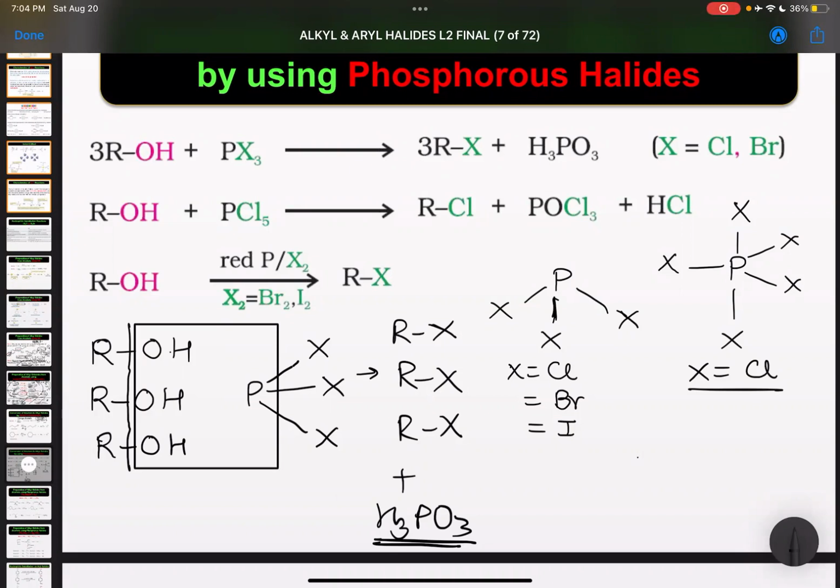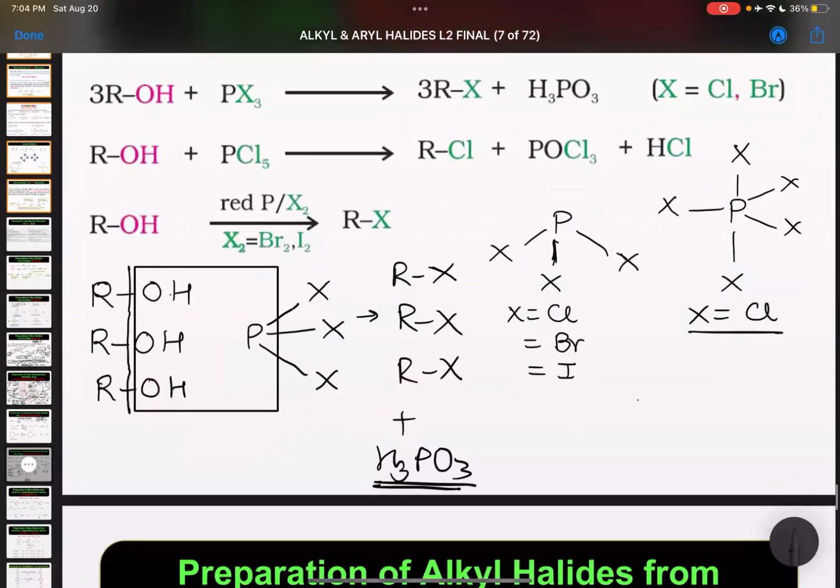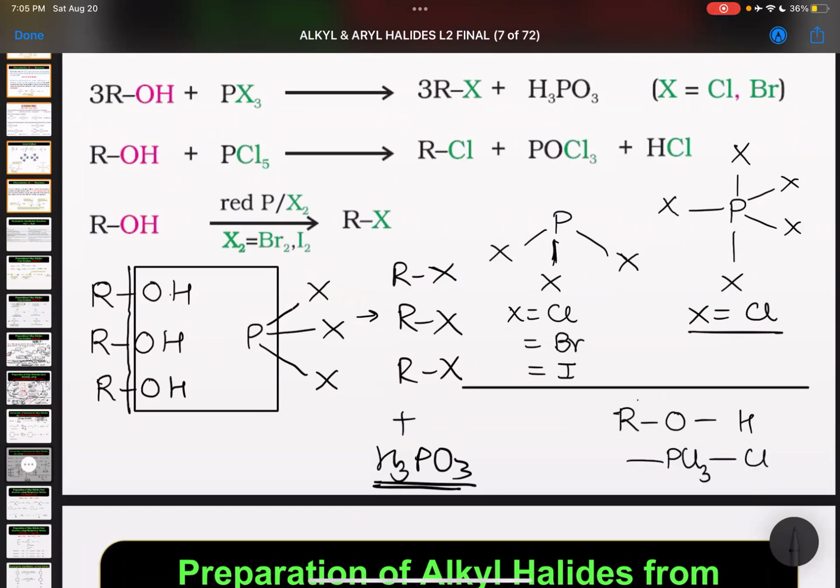And for PCl5, the trick is always the same. Wherever you use PCl5, write ROH. PCl5 has 2 Cl extra, so write them like this. This is a short trick, not the mechanism. The mechanism is too long.